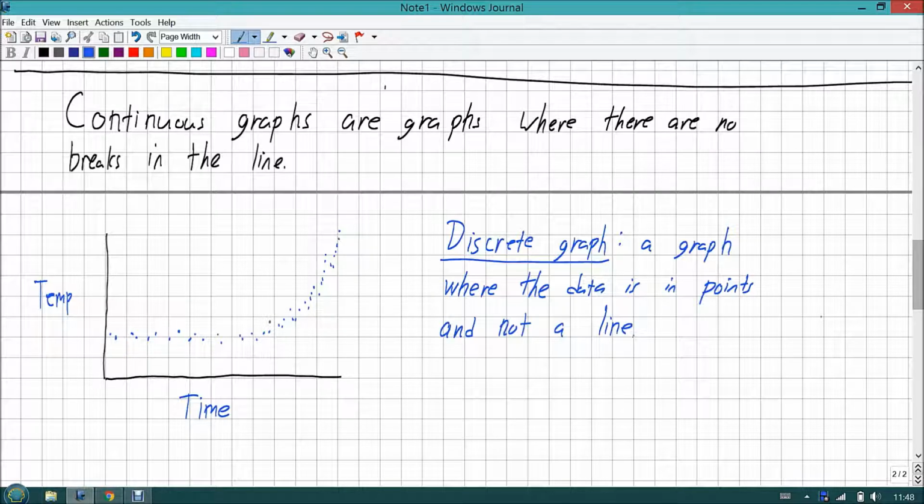In other words, if you have to lift your pencil, more than likely you're going to have a discrete graph. So this little discrete graph, even though it looks like you could draw a line that kind of fits the data, isn't a continuous graph, but it's discrete because every single data point is a little dot.